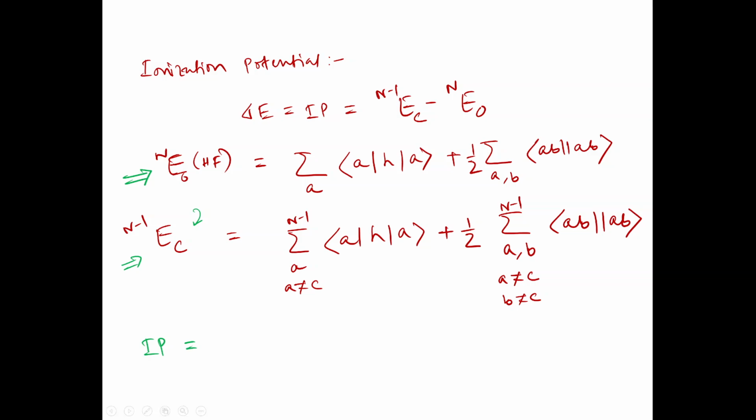So your IP is EC n minus 1 minus E0 n. The terms that are not there in the n minus 1 energy will come as a negative.